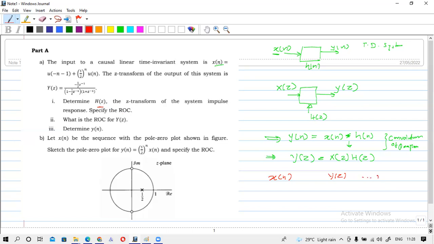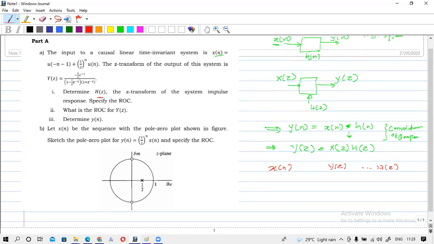You already have the idea that if we are going to do this in time domain, we have to do a convolution sum, so it is somewhat difficult. We can convert all the things into Z domain and do the work in Z domain, so it will be somewhat easy.